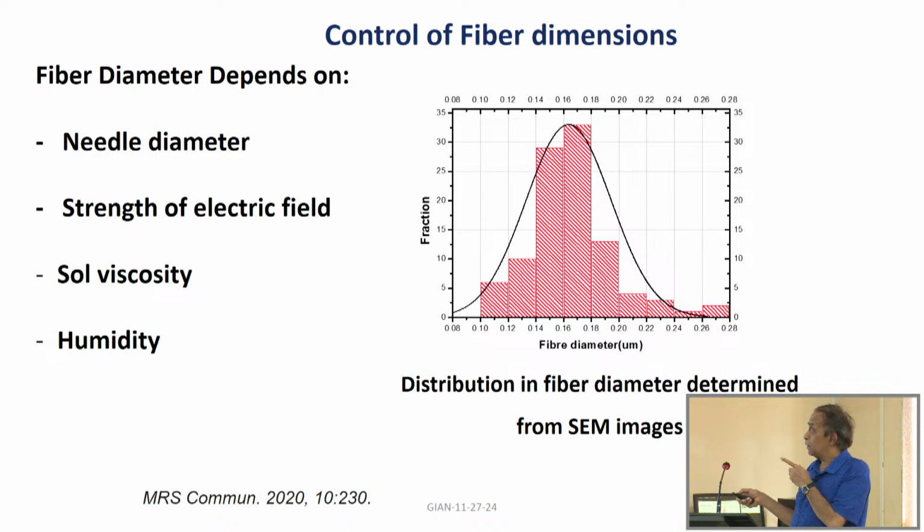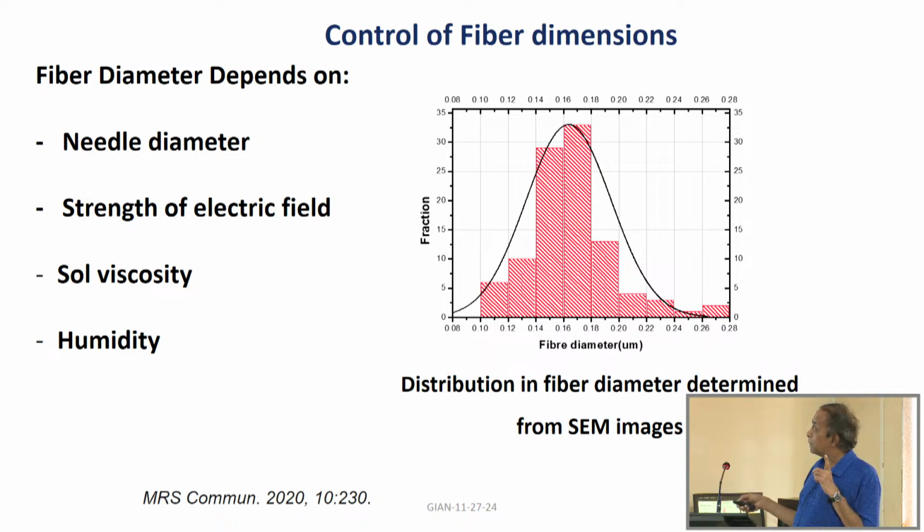And so we did some measurements. You take 100 fibers and look at the diameter, and as you see here, there is a wide distribution in the diameter of the fibers, anywhere from 100 nanometers all the way up to 300 nanometers.